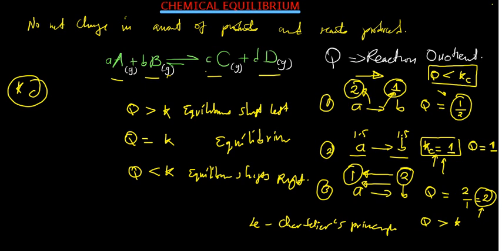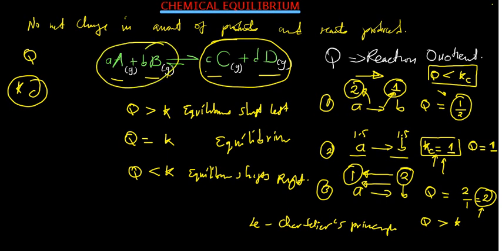Well, we need first to understand the value for Q. We calculate Q just by looking at the data that we have, the concentration on the products divided by the concentration on the reactants. Then we look at the condition: is Q greater than K, or Q equal to K, or Q less than K?